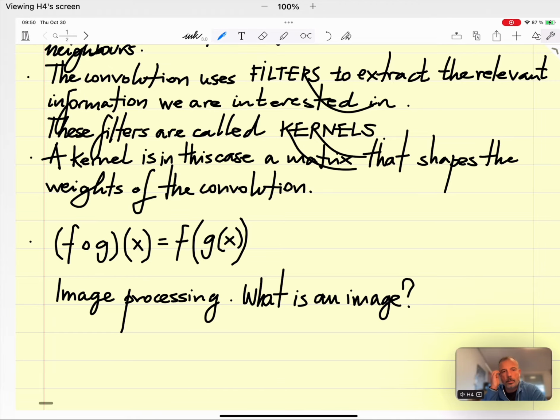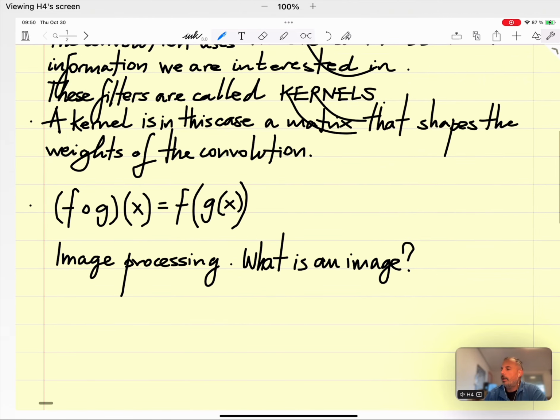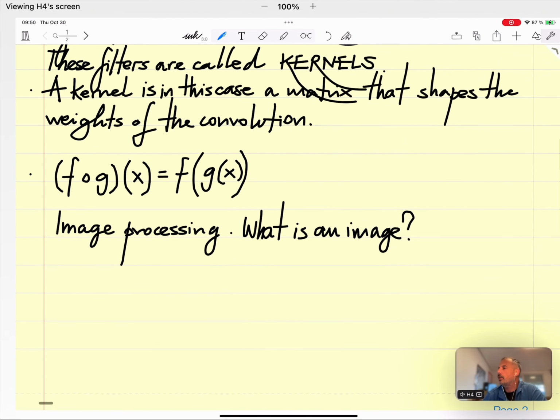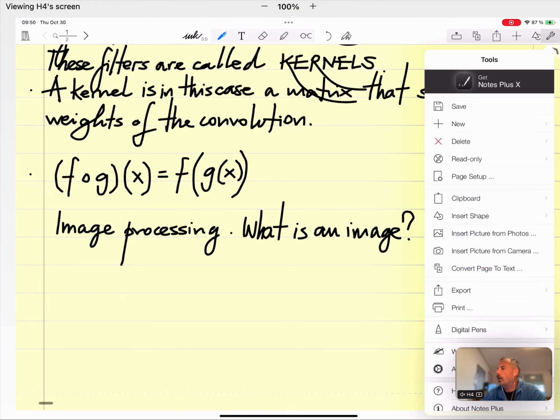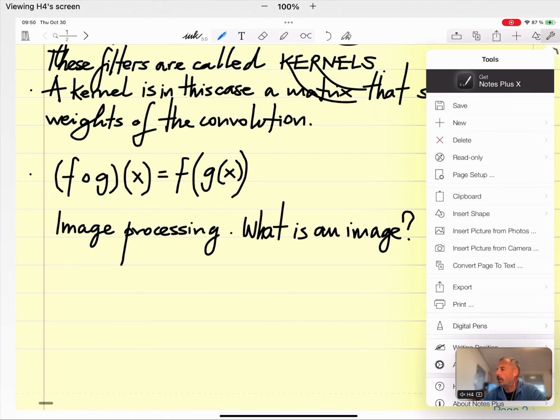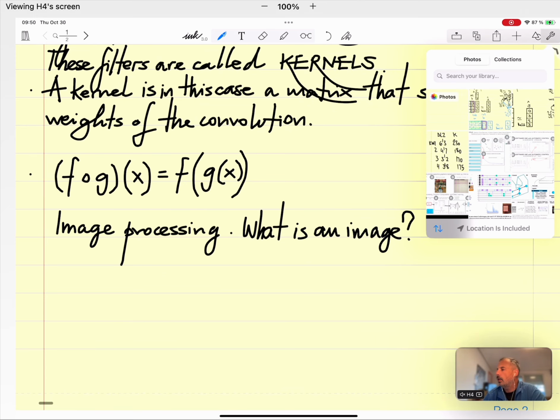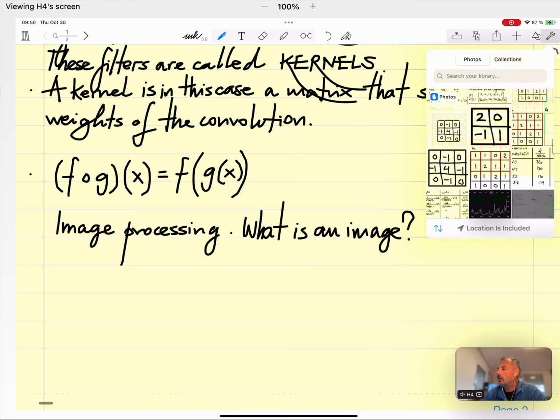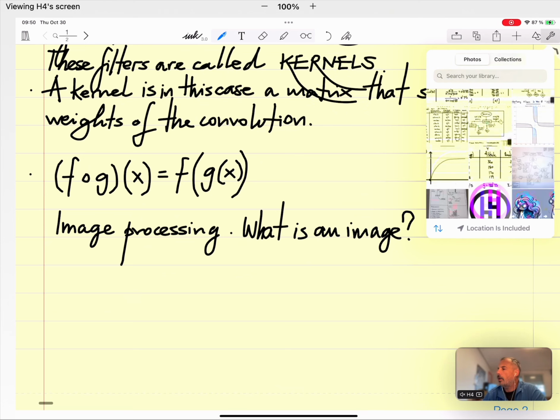That might seem like a crazy question, but before we start saying what we do, let's try to understand what an image is.